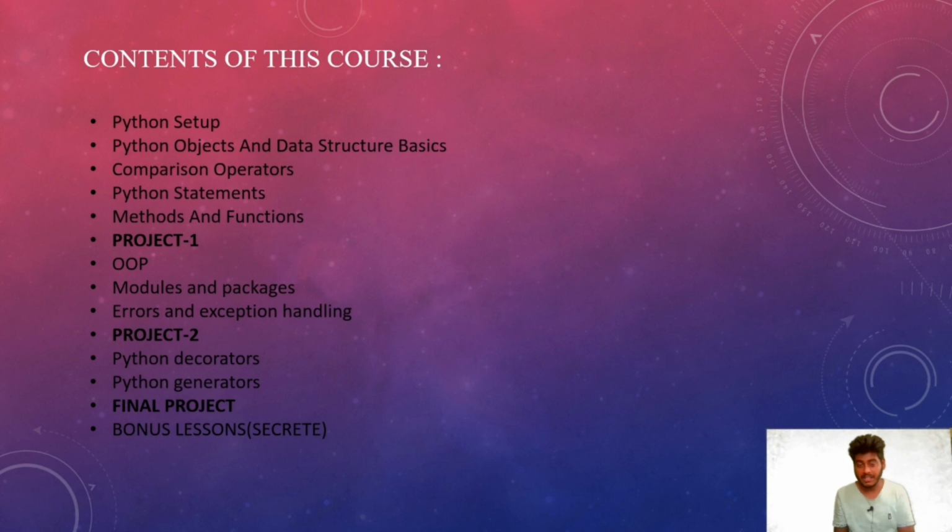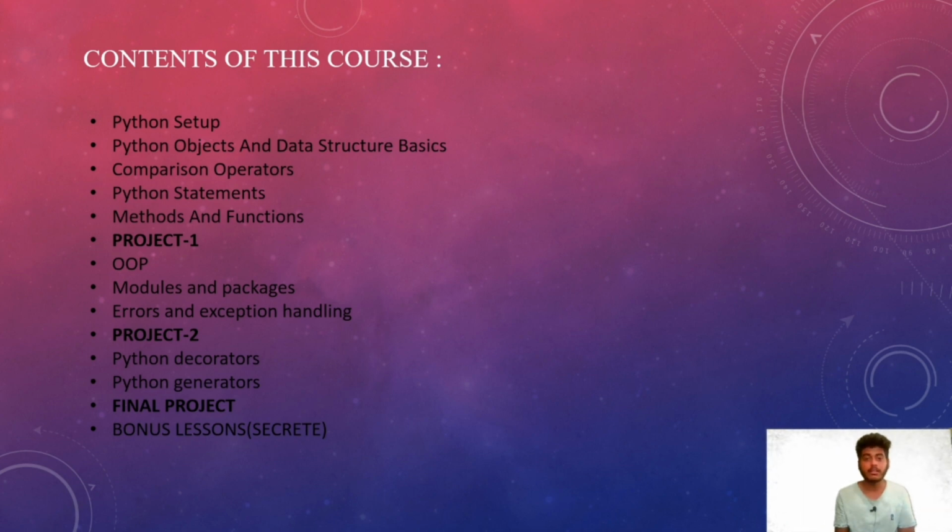Then modules and packages. In modules we will see how to install modules and how to write modules, and so on. Everything will be taught. Next, errors and exception handling, we will also have this in our course. After completion of these lessons, we will build another project using all these lessons that we taught and you have learned.